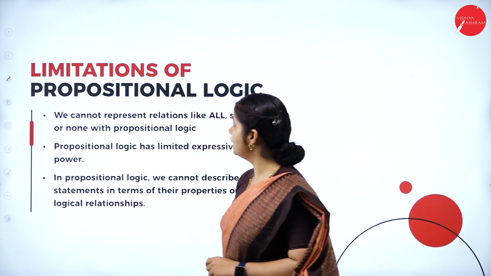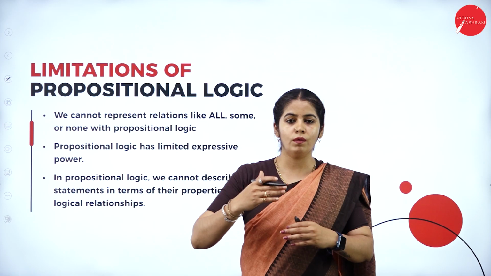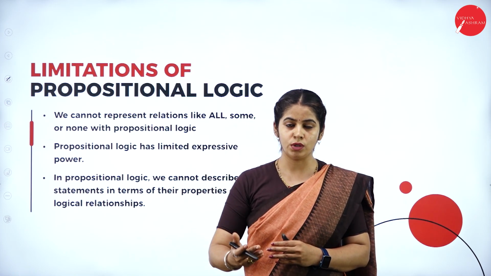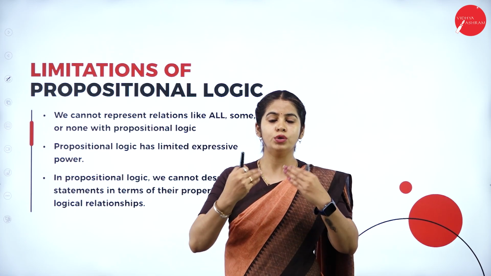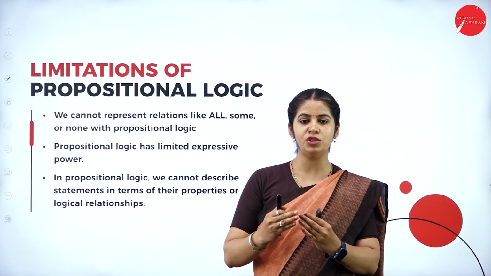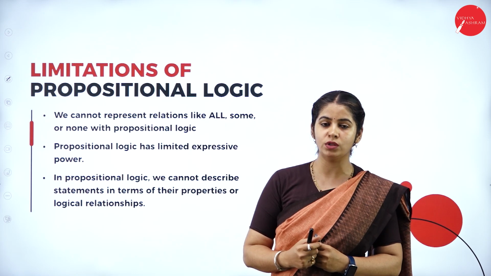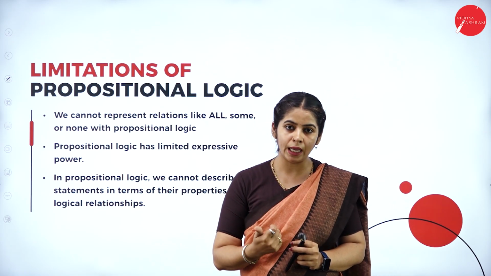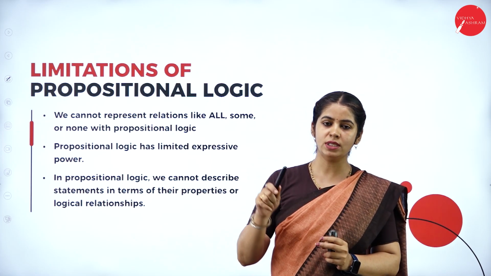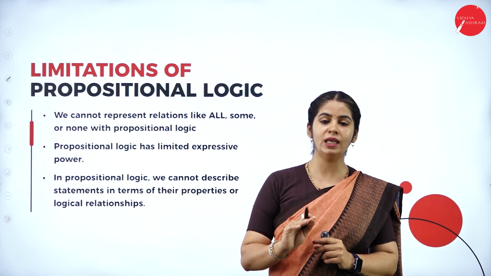Next, what we have is the limitation of propositional logic. Why do we have to go for first order logic? There are some limitations in propositional logic, so to overcome those limitations we have to go for first order logic. The first and foremost limitation is that it cannot predict. As we have stated in the statement of proposition, it cannot predict.